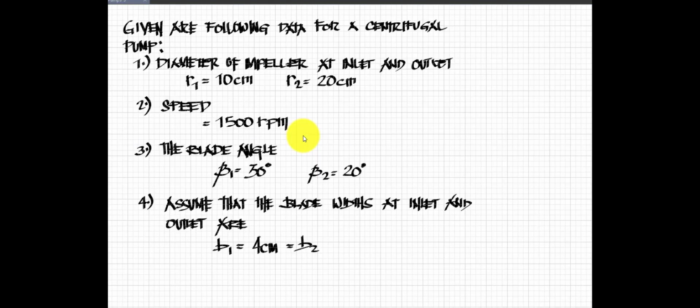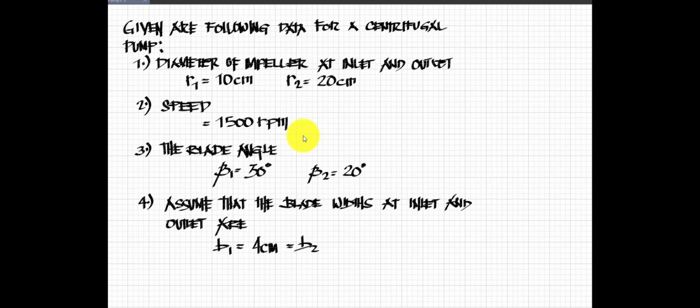Now we have a sample problem. Given are the following data for a centrifugal pump. We have the diameters of the impeller at the inlet and outlet, which are 10 centimeters and 20 centimeters. Then we have the speed, 1,500 RPM.